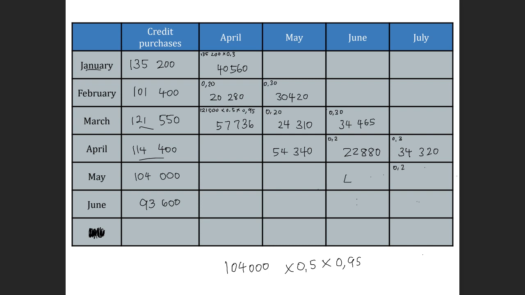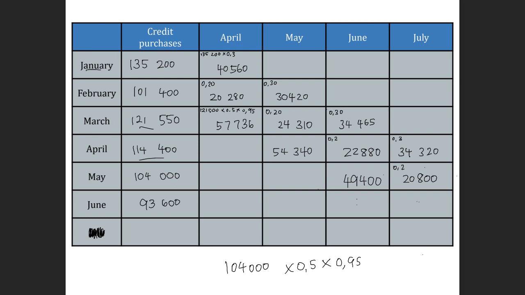So that is 49,400. And then 104,000 times 20% would be your 20,800. And then the August figure, remember, is not included here because this is not part of our schedule. So it's going to fall into another schedule.